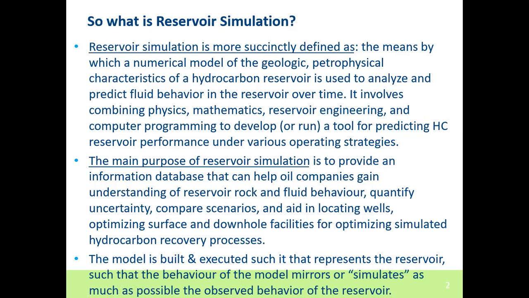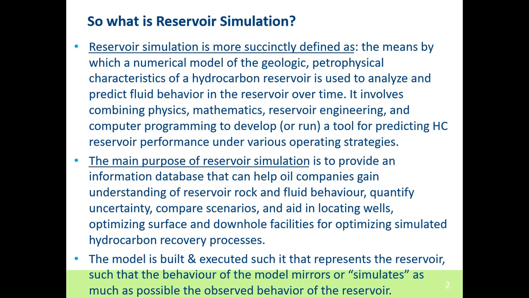And to do this, skill sets from different disciplines are brought together, all for the purpose of predicting hydrocarbon performance under different operating strategies.